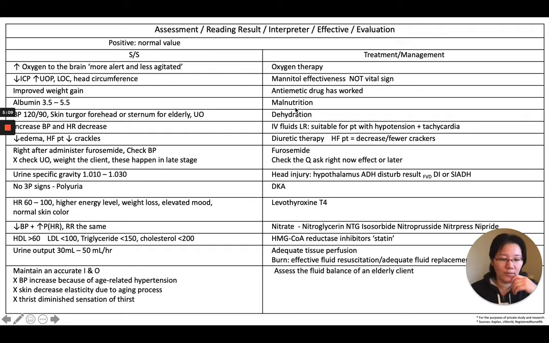The question could be: the patient has malnutrition and is on NG feeding, which one do you check to see effectiveness? Vital signs, fluid status, albumin, blood culture. The answer will be albumin.